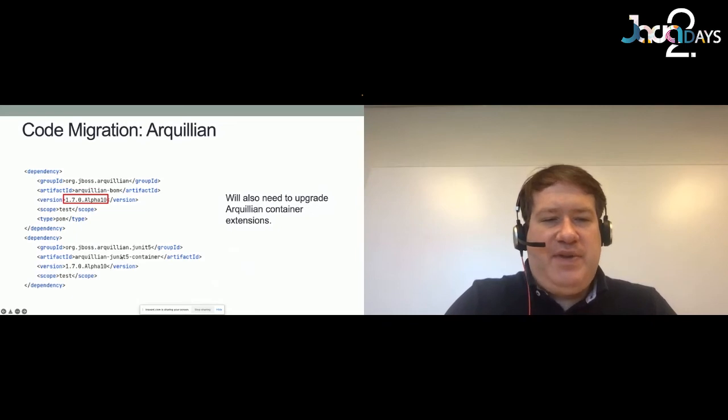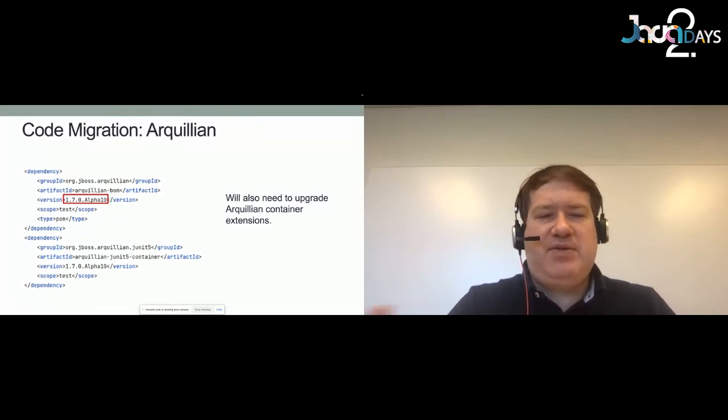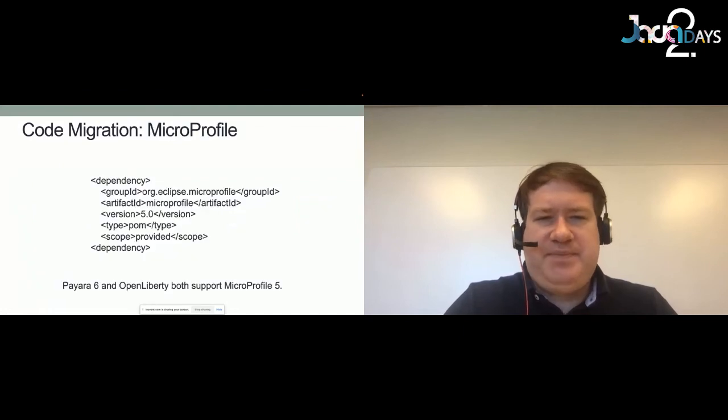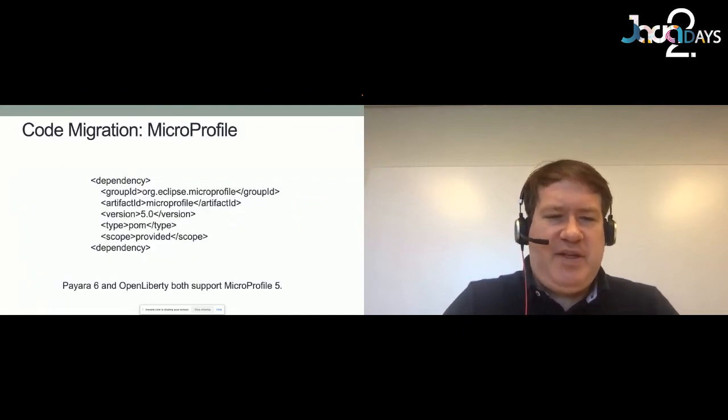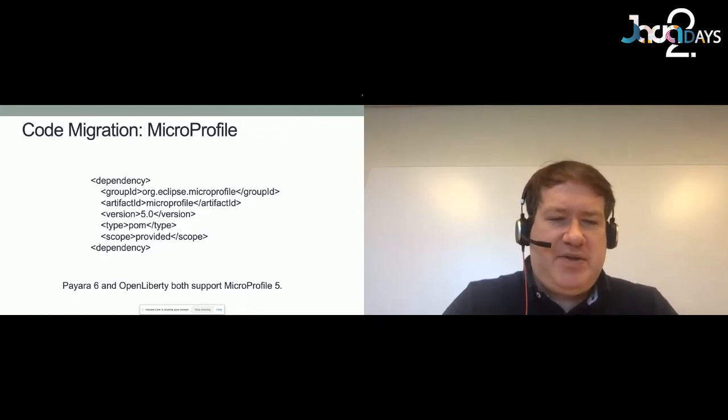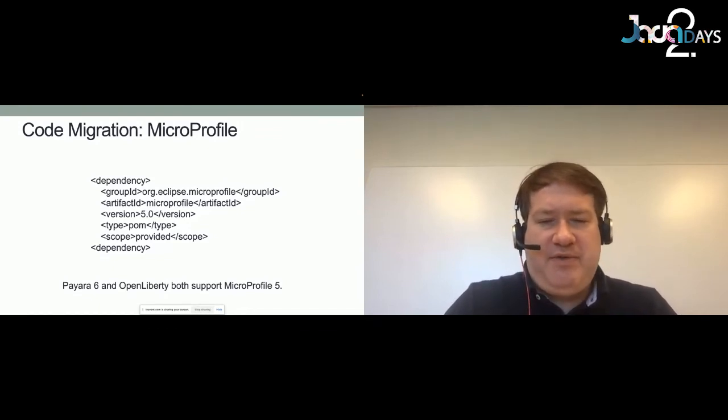Also, the container plugins that you're using, for example the embedded container, have to change as well, and not all of those are available at last check. Finally, if you are using MicroProfile, currently Payara 6 and OpenLiberty both support MicroProfile 5, which is on top of the Jakarta EE9 release.